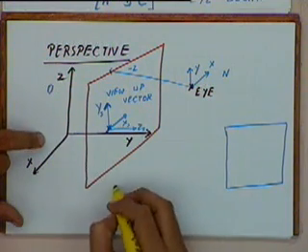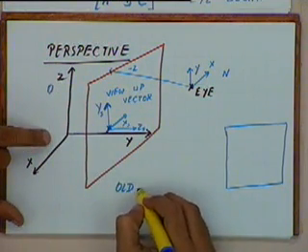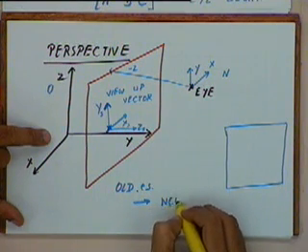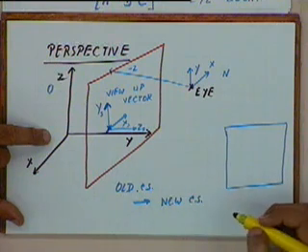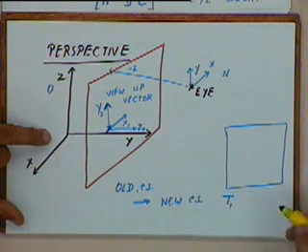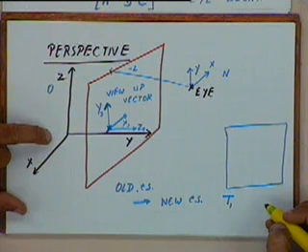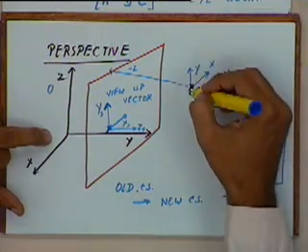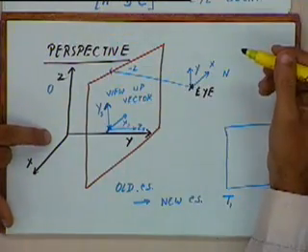So we will transform the old coordinate system to the new coordinate system. That will involve some transformation T1, and then in this coordinate system we will apply the perspective transformation.